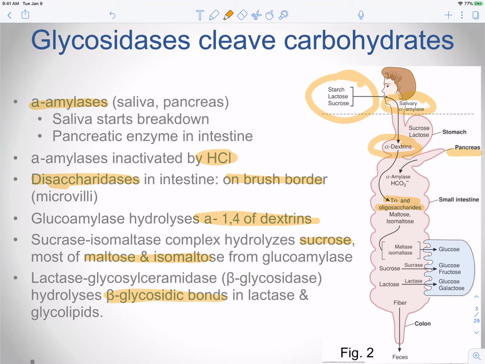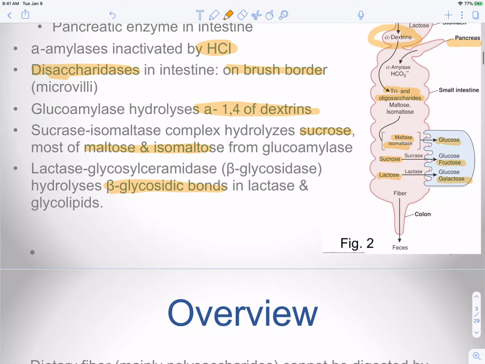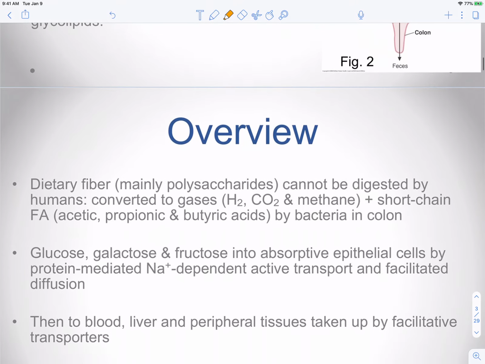And then you're going to have your maltase, isomaltase, sucrase, lactase, which are your brush border enzymes, make them into the monosaccharides of glucose, fructose, and galactose that can all be absorbed. And just showing down here, fiber gets moved on into the colon, and we'll discuss that as well.